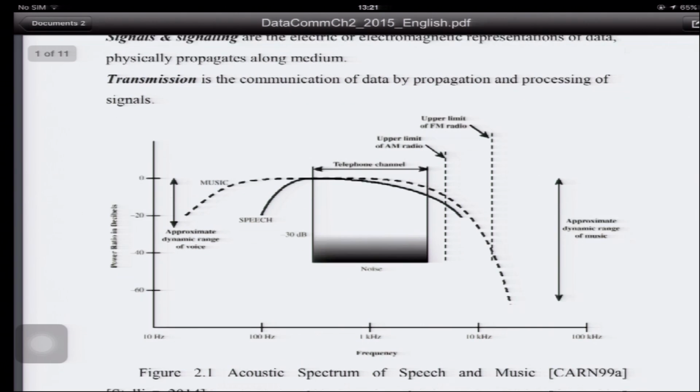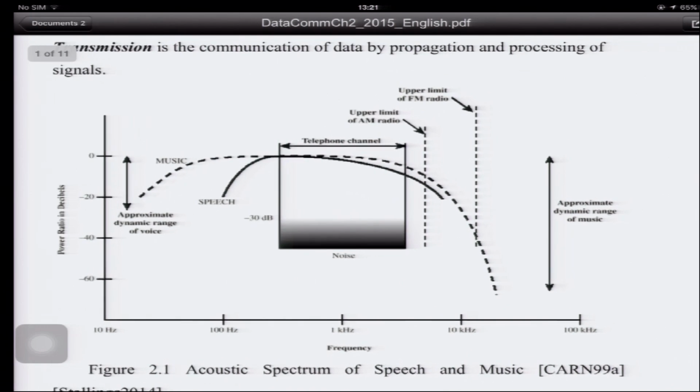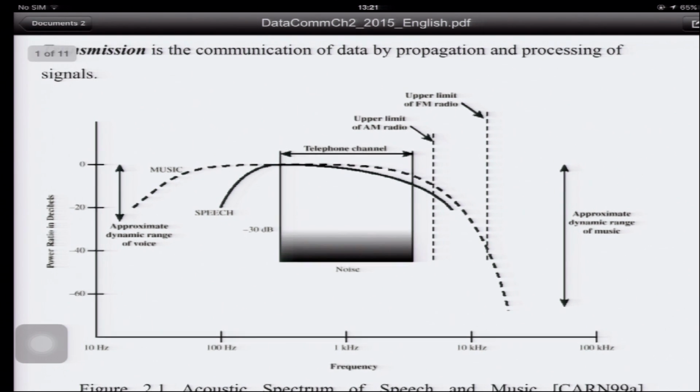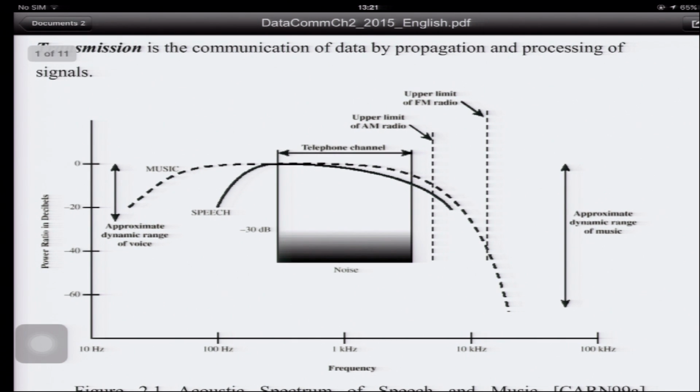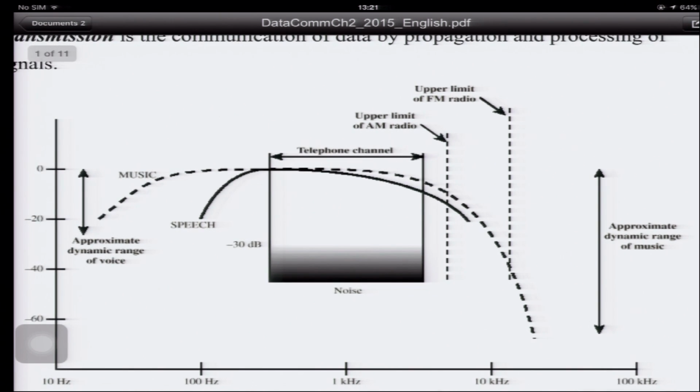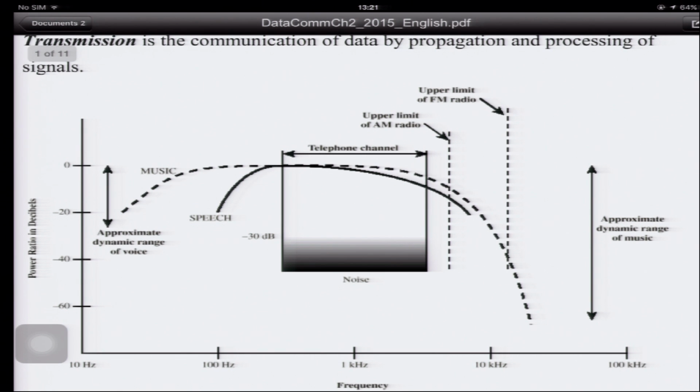If you look at this figure, this is the acoustic spectrum of speech and music. The x-axis is the frequency, from 10 Hz to 100 kHz. The y-axis is the power ratio in decibels. The middle one here is a telephone channel, between about 300 Hz and 4 kHz.